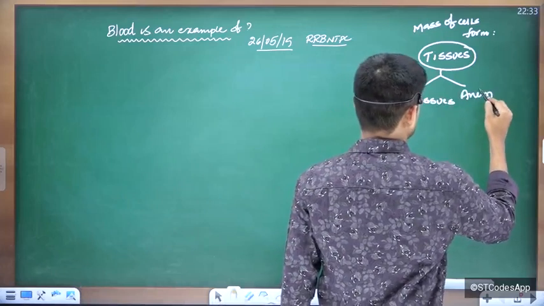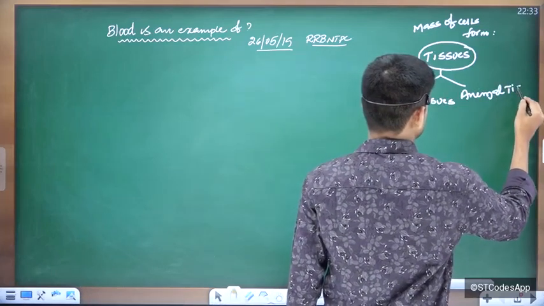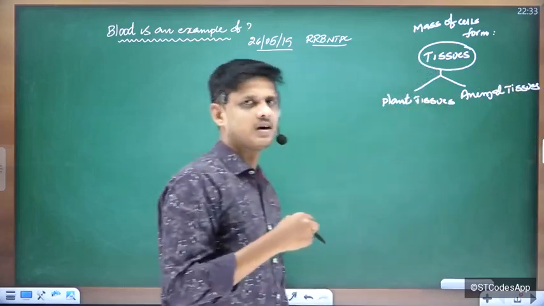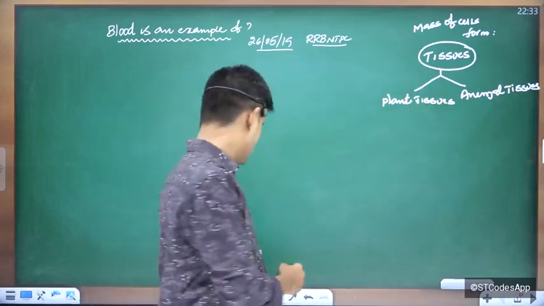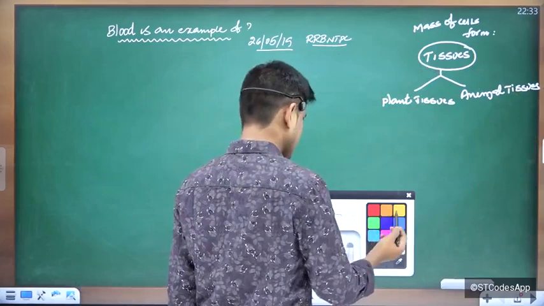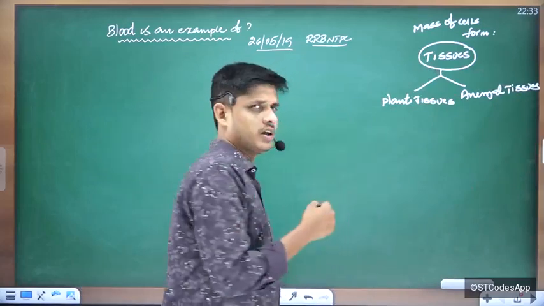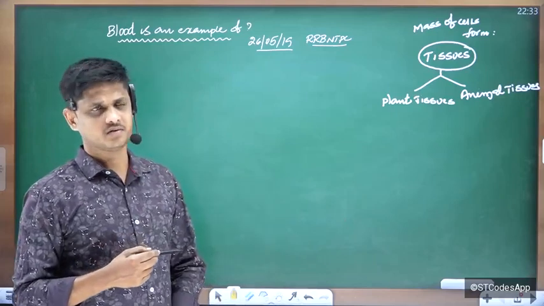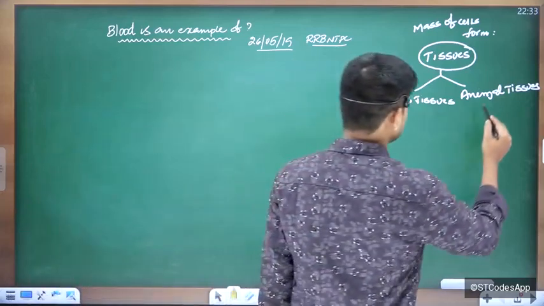What is the question? Blood is an example of what? From this question, we understand it is given from animal tissues.